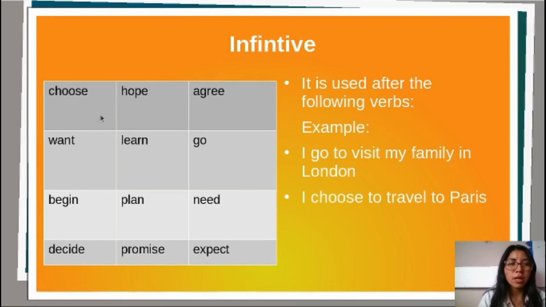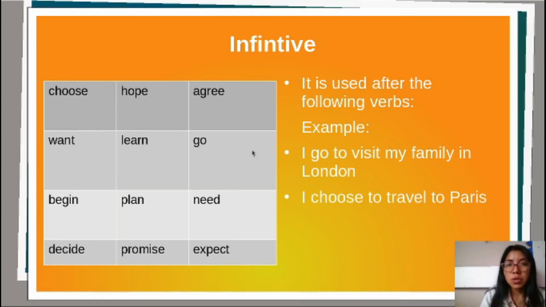With the verb want, I want, infinitive, I want to eat Chinese food. For example, I hope to play tennis tomorrow. It means you have to study that list in order to know if you have to use an infinitive.